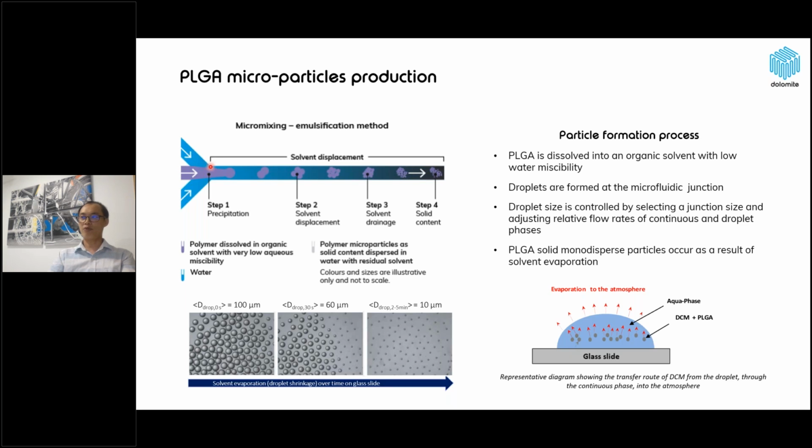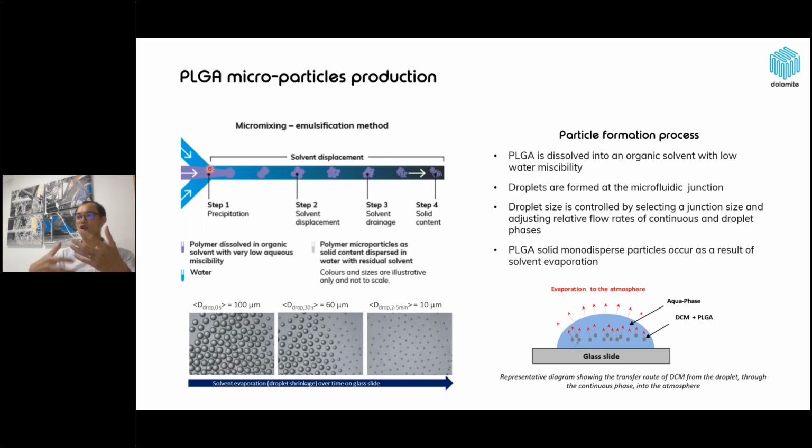So droplets will form at the microfluidic junction, and the droplet size can be controlled by selecting a different junction size, like a larger junction chip can generate a larger droplet size, or a small junction chip can generate a small droplet size.